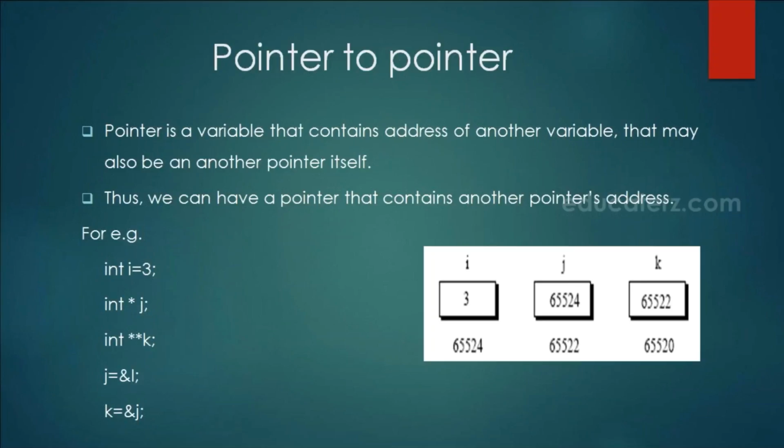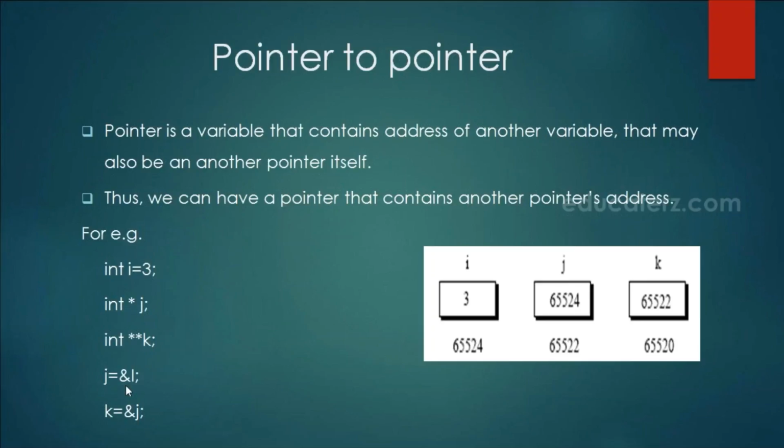For example, here we have i as 3, and j is declared as int star, which is a pointer holding the address of integer type. Then a pointer to pointer can be declared with two stars, like int star star k. So now k can hold the address of another pointer which is actually holding the address of some variable.